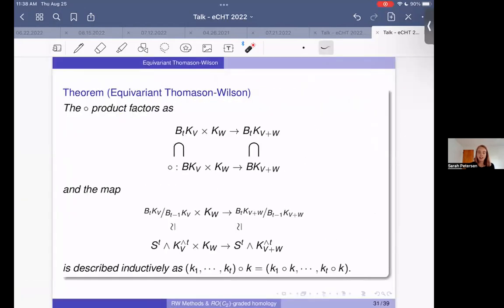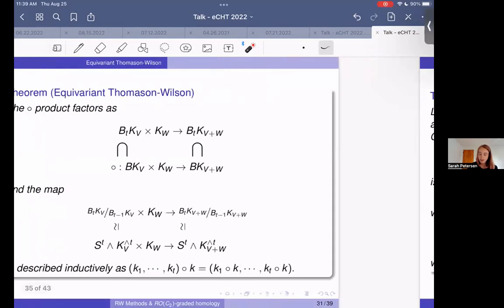Further, having very explicit point set level models also means that we can analyze how the circle product factors through the bar construction, again, in the equivariant case for these equivariant Eilenberg-MacLane spaces. And it turns out to be the case that you can once again inductively define the circle product map on the associated graded pieces.